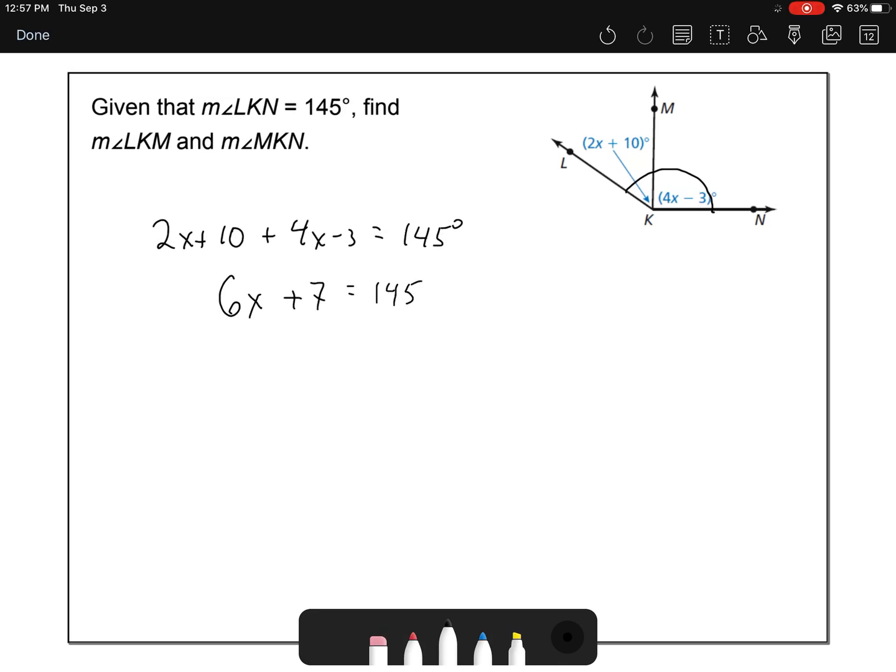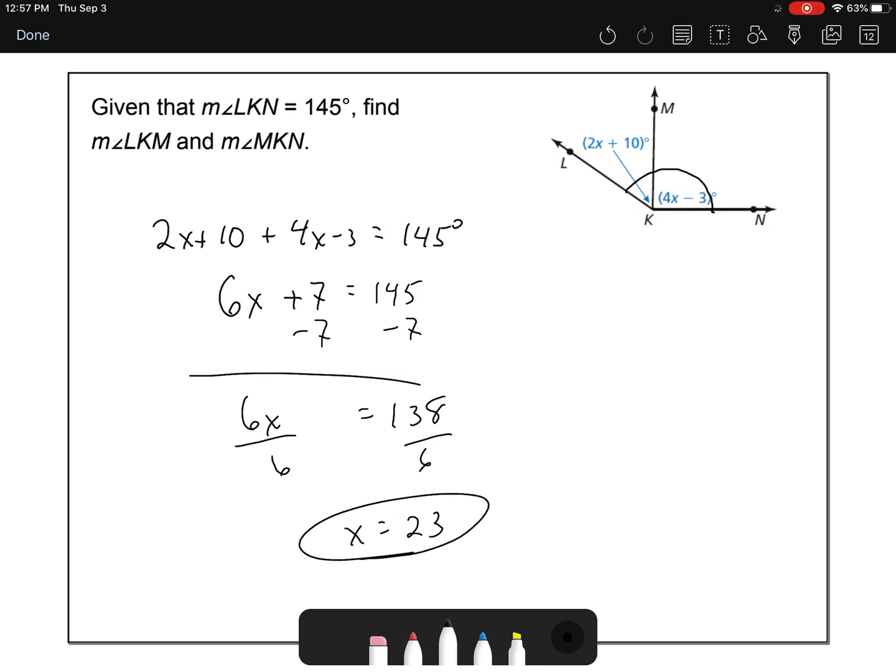And we can also combine 10 minus 3. So 6x plus 7 equals 145. I'm going to subtract 7. So 6x equals 138. We divide by 6. And I think that's 23.